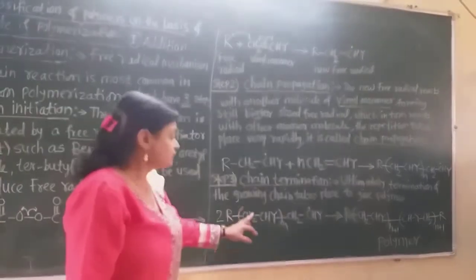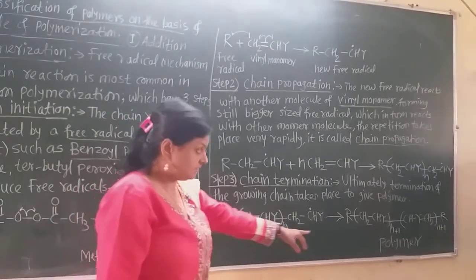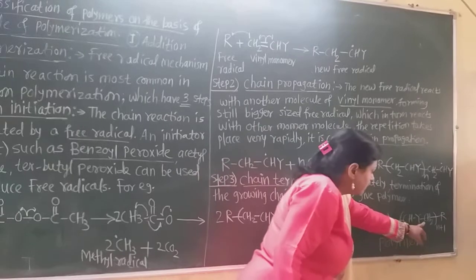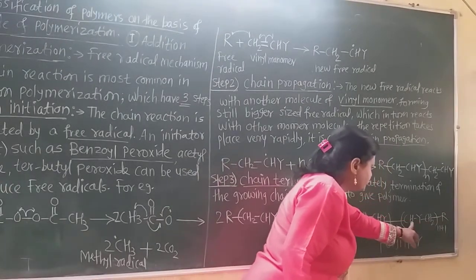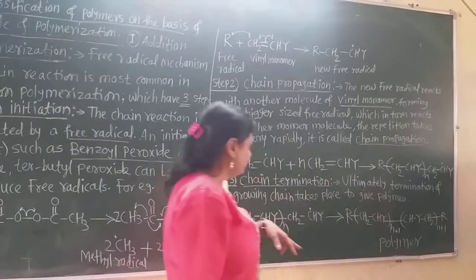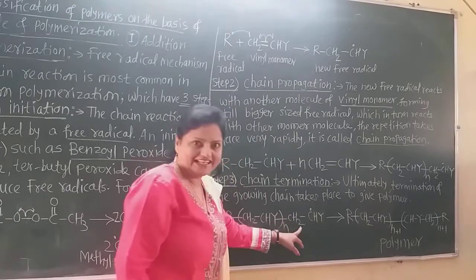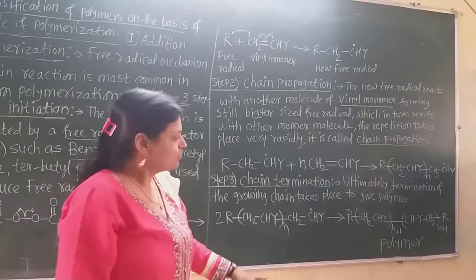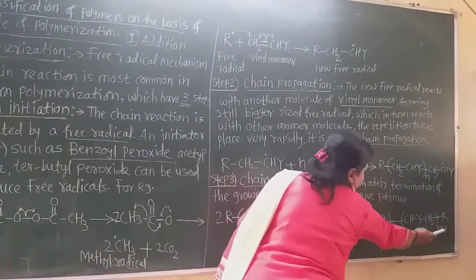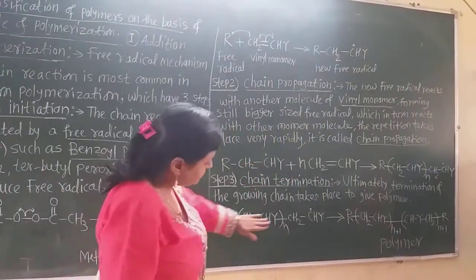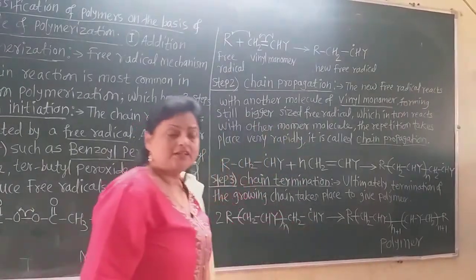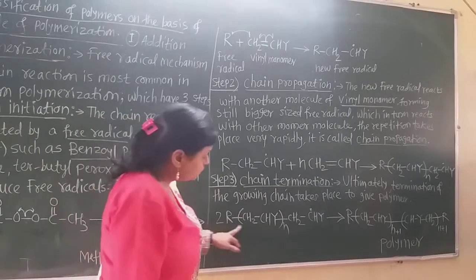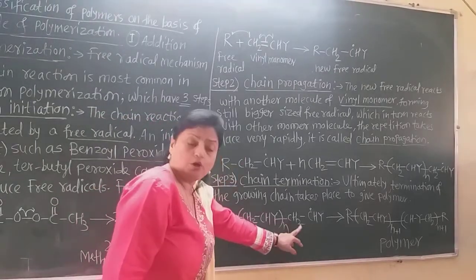So RCH2CHY n, and again there is this radical also in the other chain. So I write here n plus 1. Remember that: up to this n, and this is 1. In the other chain also up to this n, and again one of this grouping.